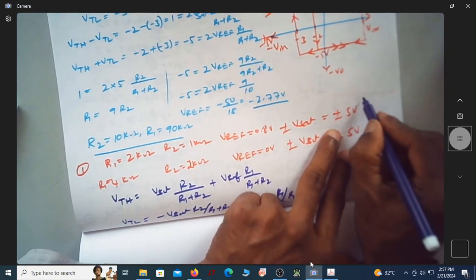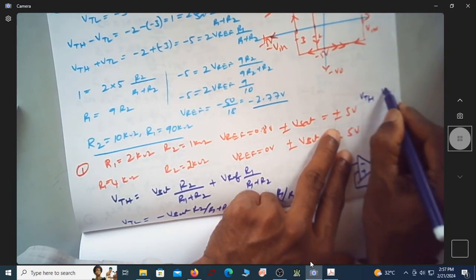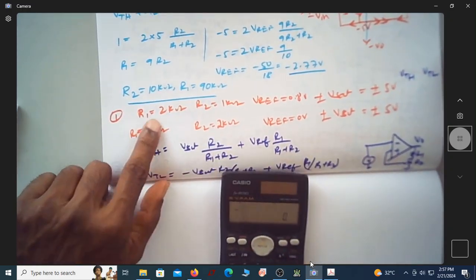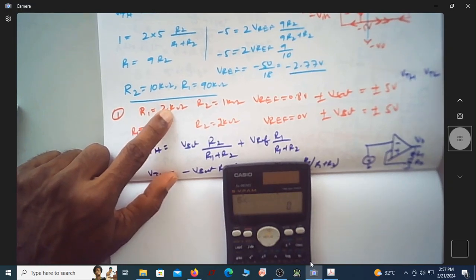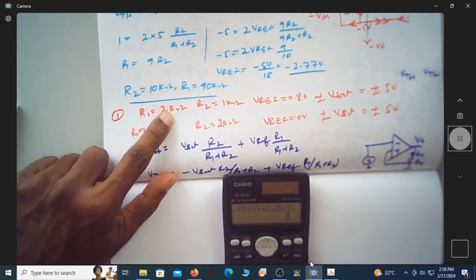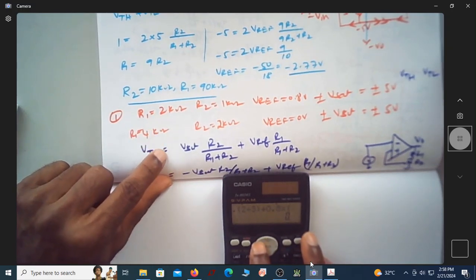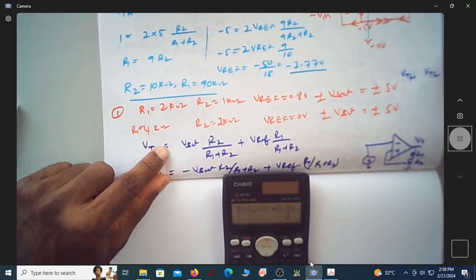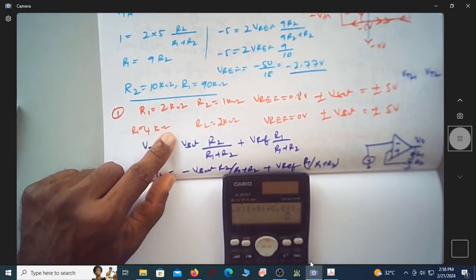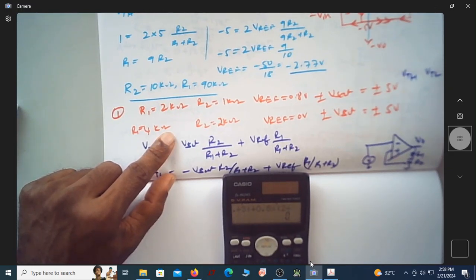Let us try to find what is VTH VTL for these two. So I have, for the first case, 5 into 2 by 3 plus maybe 0.8 into, sorry, this is 1, this is actually 1 by 3, because this is R2 by R1 plus R2, and this is actually 2 by 3.